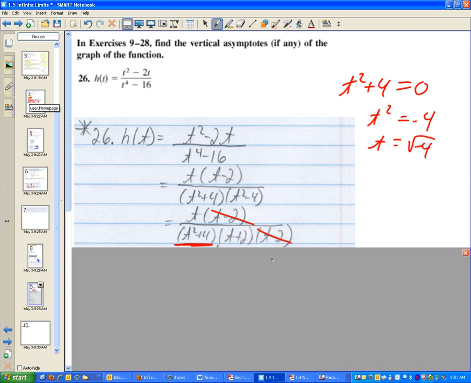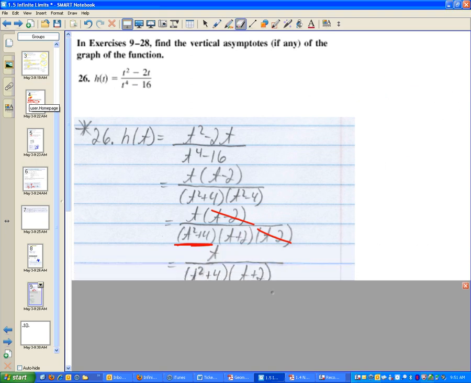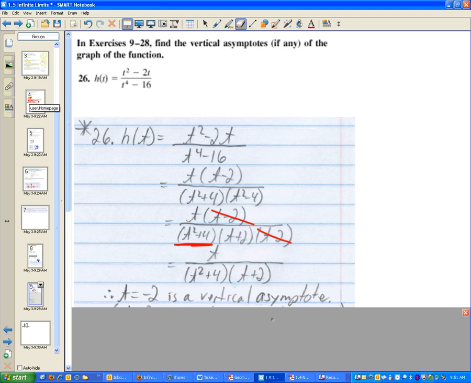No, it doesn't, because we're just working with real numbers. So that means t equals negative 2. Oh, sorry, I forgot to show you that after I divide them out. So that means that t equals negative 2 is a vertical asymptote.